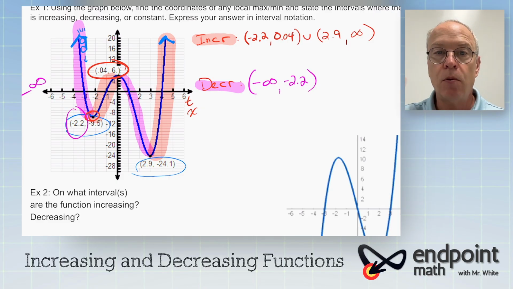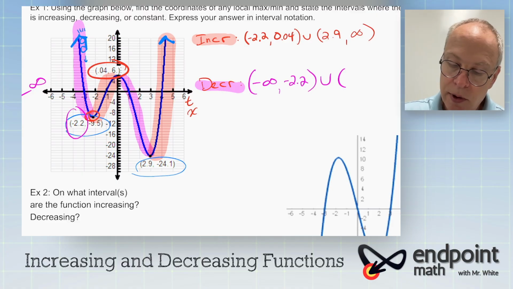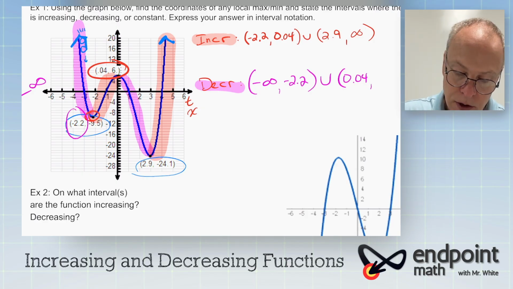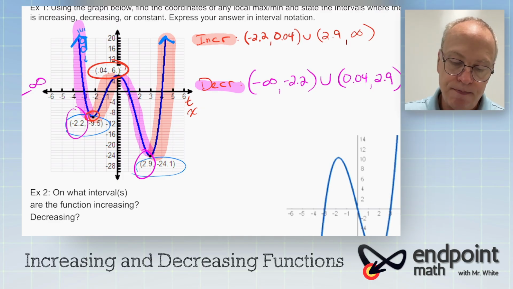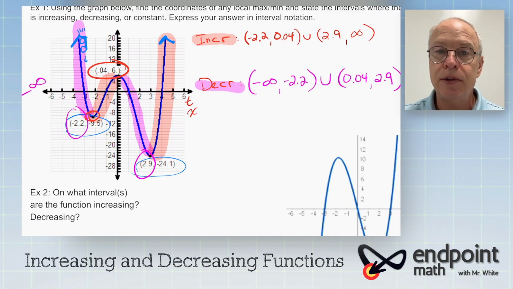And then it goes up for a while. So we're going to skip those numbers. And then it starts going down again at 0.04 all the way, not to infinity, but just until 2.9 seconds, because remember that's when you start going up again. There you go, increasing and decreasing. It's not hard. It really is not hard.